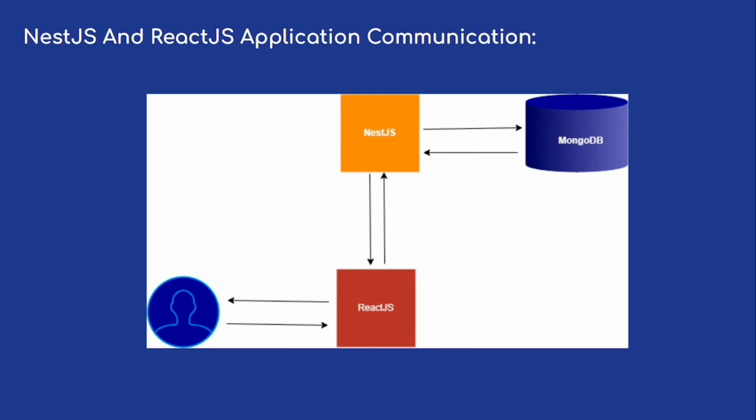To display the content inside of the website running on the browser, React.js invokes HTTP calls to our backend server, which is nothing but NestJS. On receiving the request from the React.js application, NestJS communicates with the MongoDB database, fetches the data and returns that response as a JSON object to the React.js application.